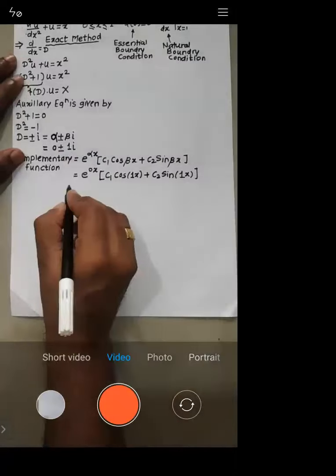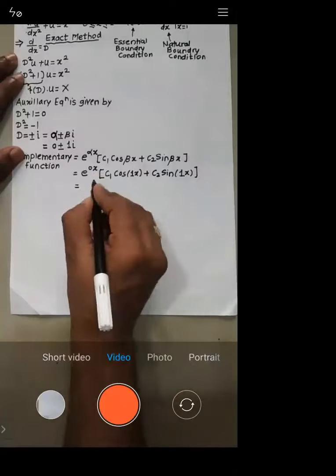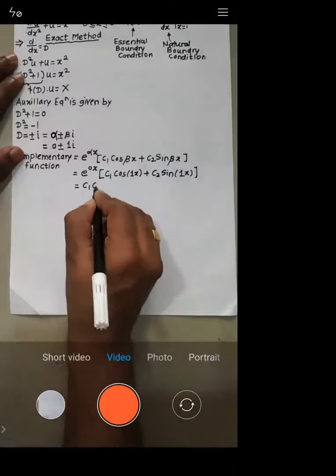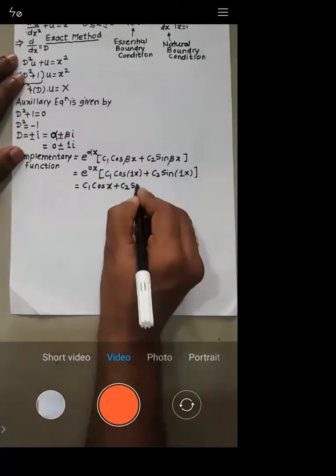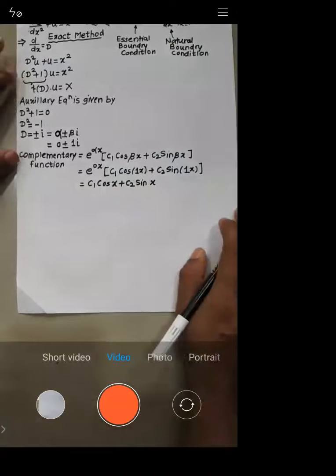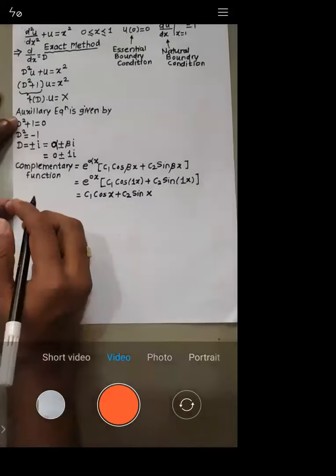So you get e raised to power 0, which is 1. So you get C1 cos x plus C2 sin x. Is it okay? Yes. Okay, so this is your complementary function.